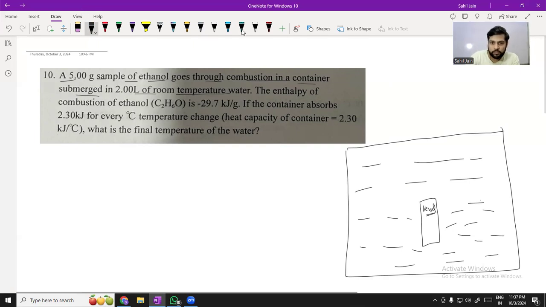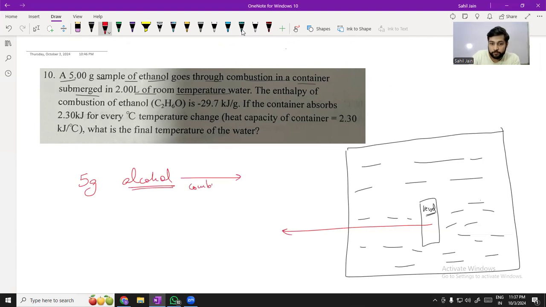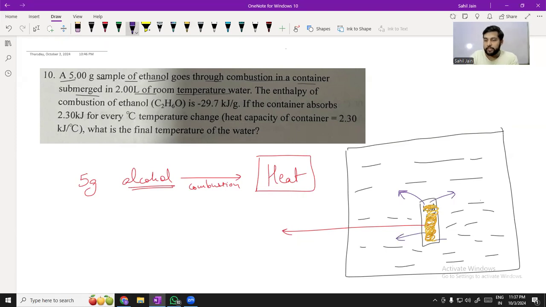Now, in this small vessel, there is 5 grams of alcohol, which is undergoing combustion. So it will obviously produce a lot of heat energy. Now this heat energy will be produced in this vessel and it will be transferred to this water outside and it will heat up the water.